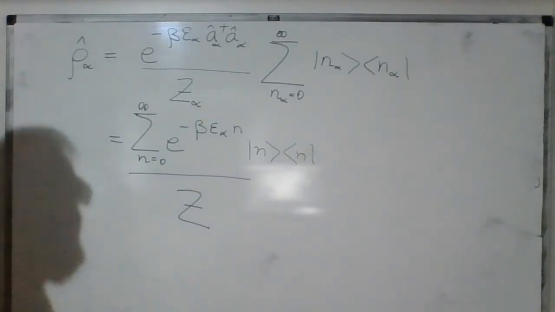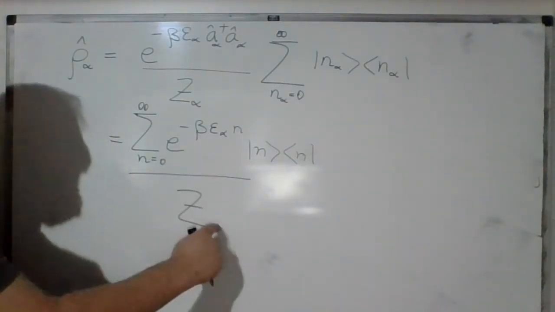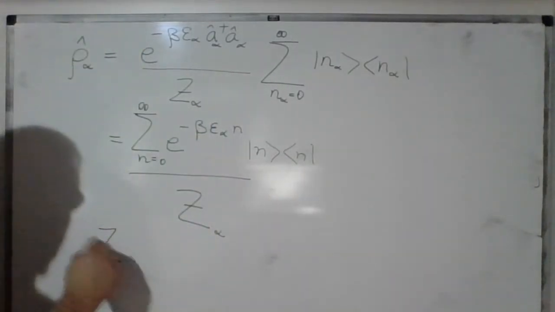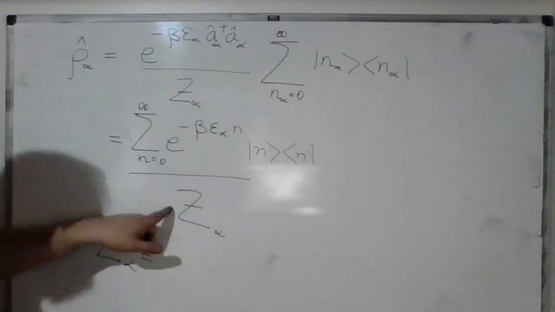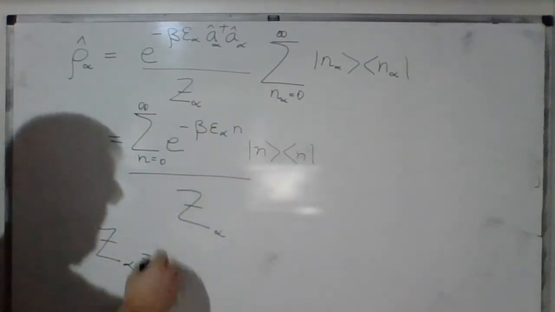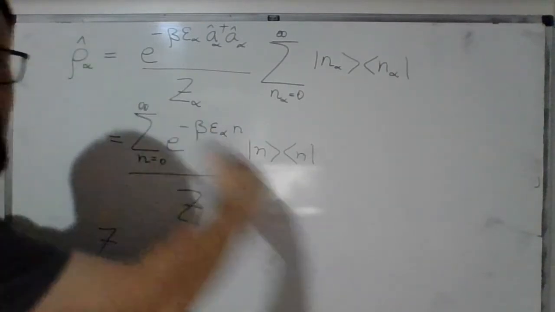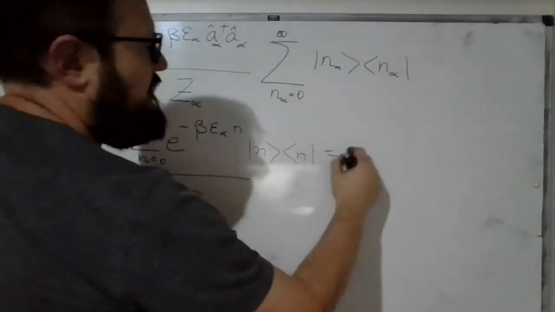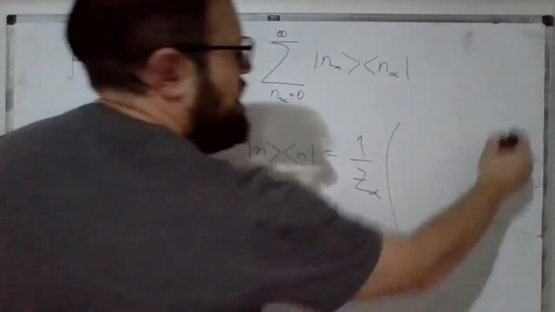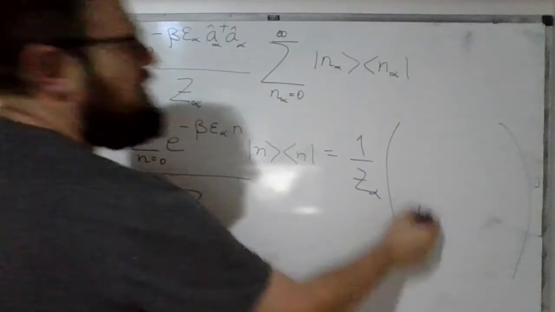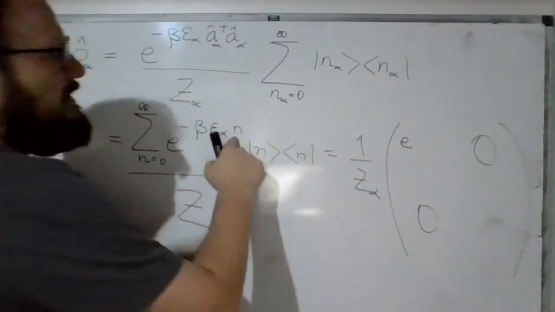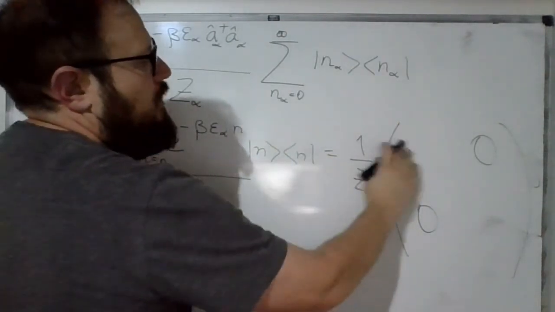Now, what we need to do is calculate the trace of that state alpha, and the trace to find out the partition function is just, this is diagonal in number representation, so it is a sum over diagonal factors. This resembles this matrix here. Zeros in the off diagonal terms, e to the n equals 0, so it is 1 here.